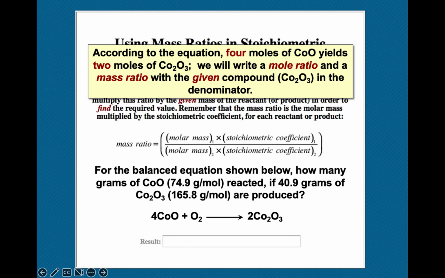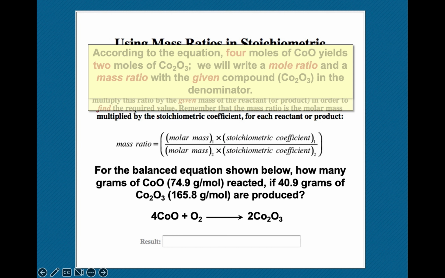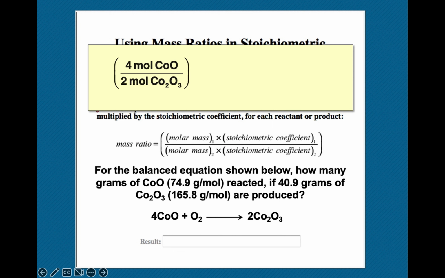4 moles of cobalt-2 yield 2 moles of cobalt-3. We want a mole ratio, get a mass ratio with the given, that's cobalt-3, in our denominator. There's our ratio, 4 to 2, right?